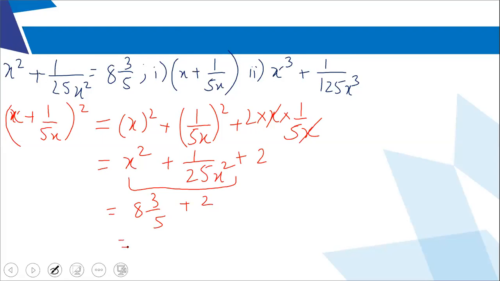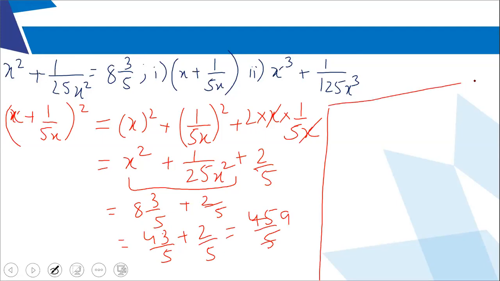Which is 8 5s are 40, 40 plus 3 is 43 upon 5, plus 2 upon 5. Yes, ma'am. Sorry, 2 upon 5. Which is 45 upon 5, which is 9.